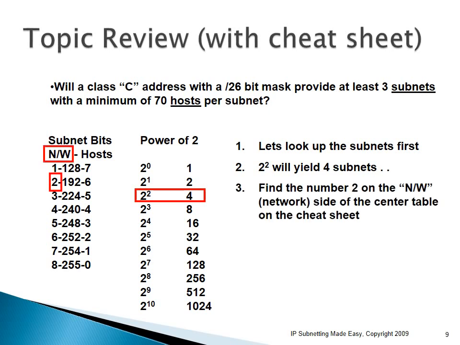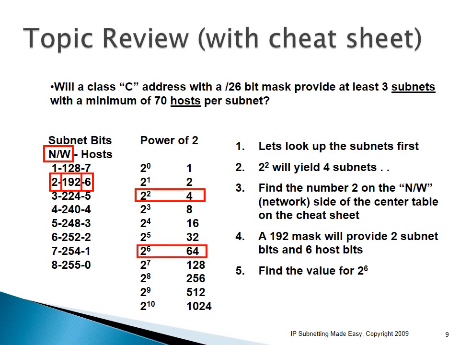On the network side of the cheat sheet, we see that 2 yields a 192 mask, leaving 6 bits for host. 2 to the 6th equals 64. Is 2 to the 2nd greater than or equal to 3? And is 2 to the 6th greater than or equal to 70? The answer in this case is no.